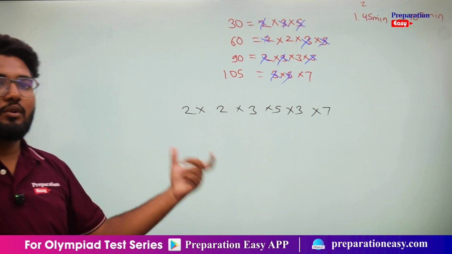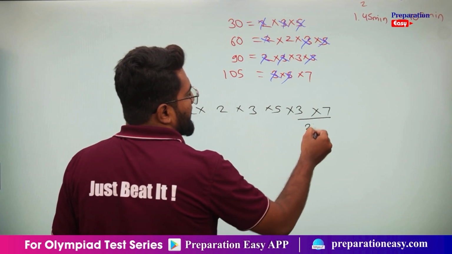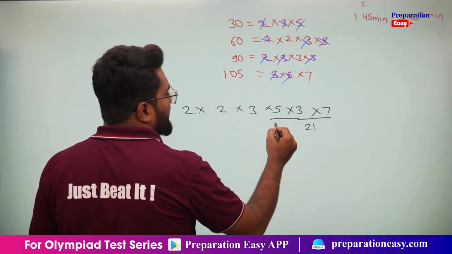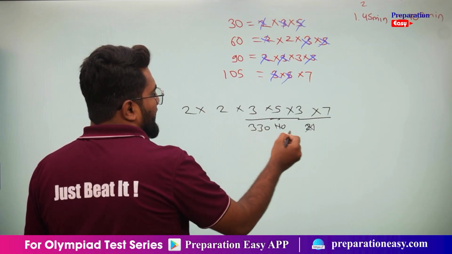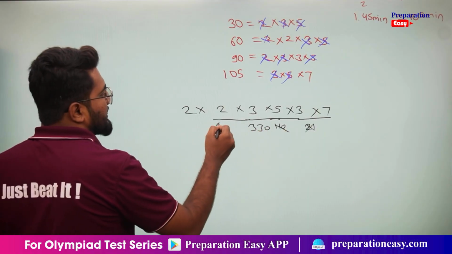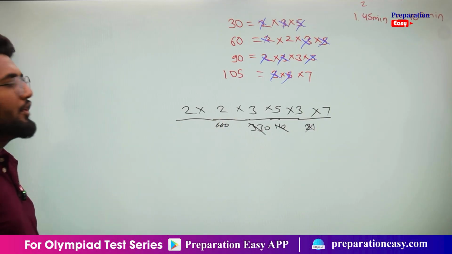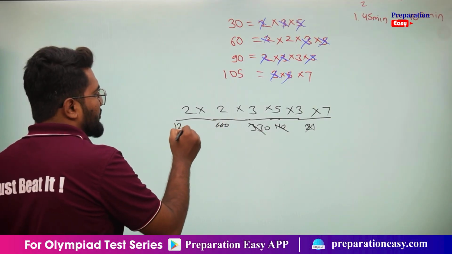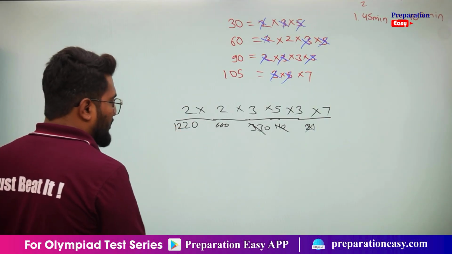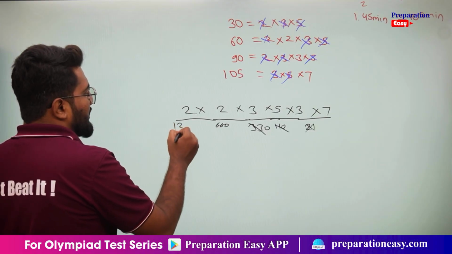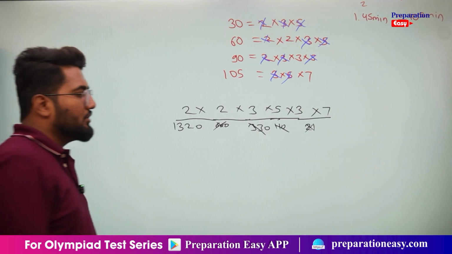So 7 3s are 21. 21 into 5 is 105. 105 into 3 is 315. Okay, sorry, let me recompute: the final answer is 1320 minutes.